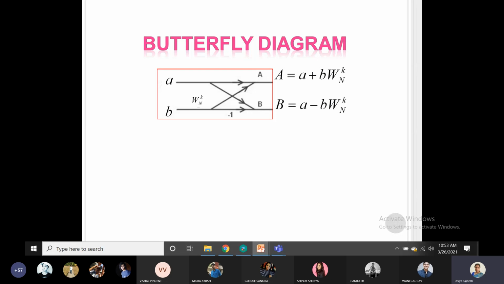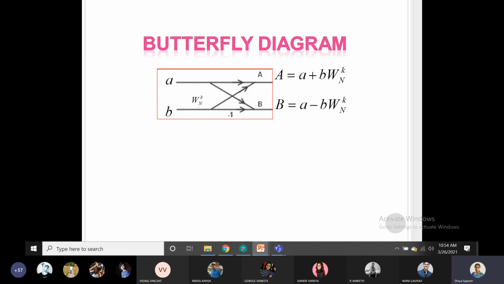Let us take the smallest unit of the butterfly diagram, which contains two inputs and two outputs. Small a and b are the inputs, and we obtain capital A and capital B as the outputs. How is the output A obtained? The input a plus the input b into the twiddle factor W_N^k.